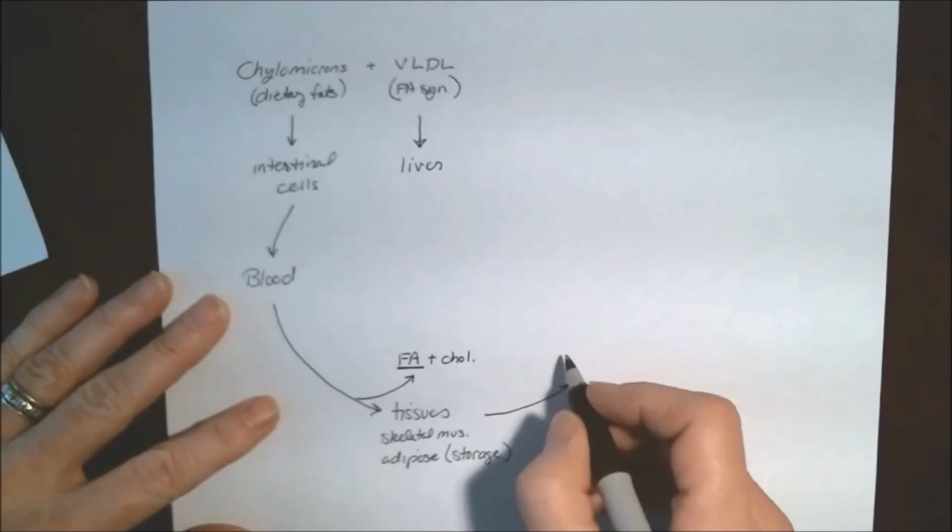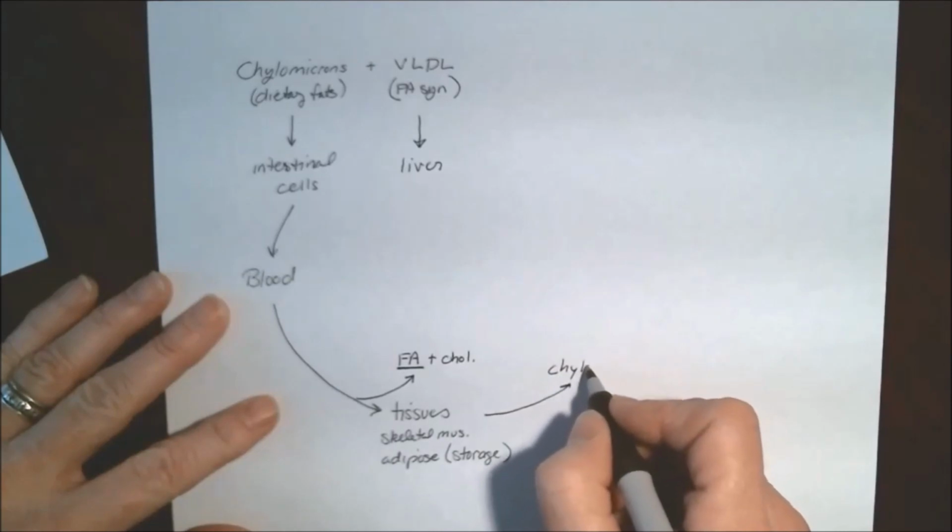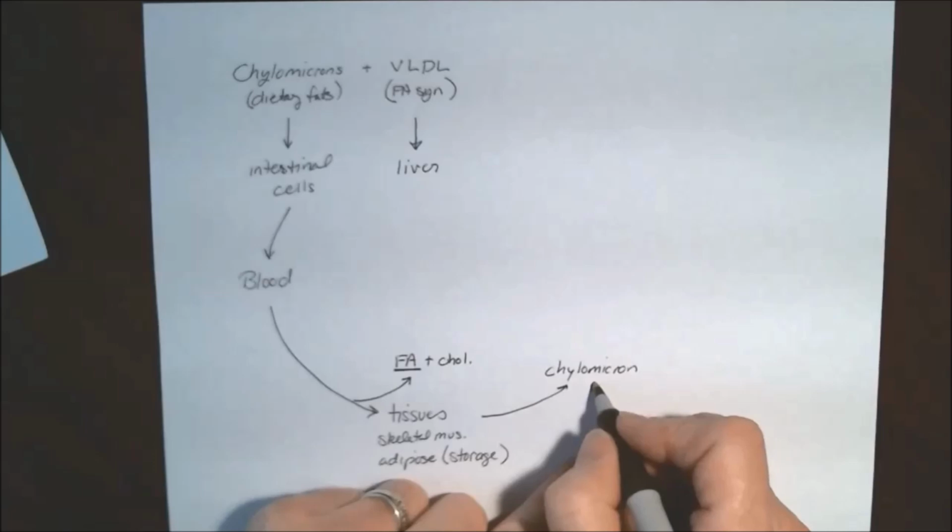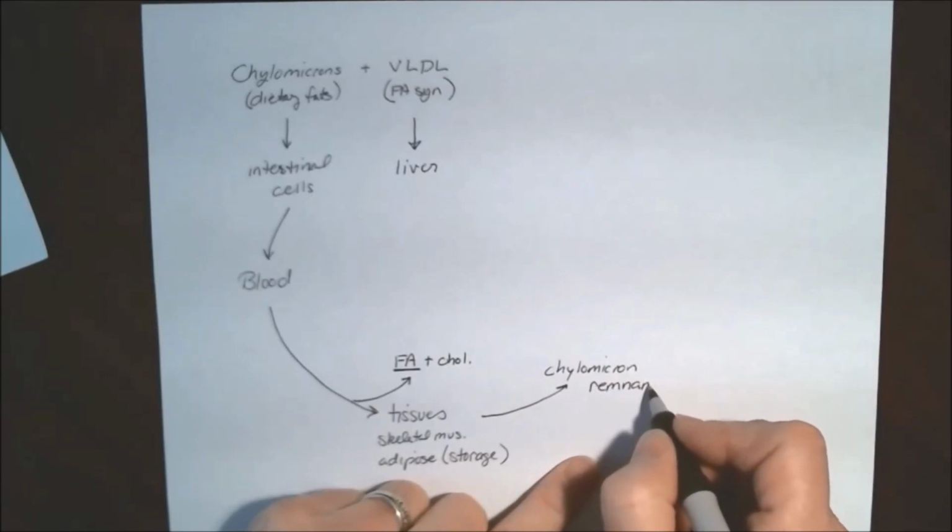Once this happens, we now form what are called chylomicron remnants.